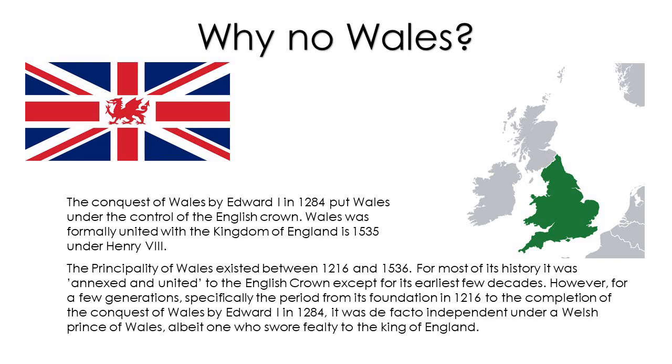So that little green map to the right of the screen shows you the Kingdom of England. That is the nation, the country, the sovereign state of England, and you see there that Wales is part of that union and part of that sovereign state.